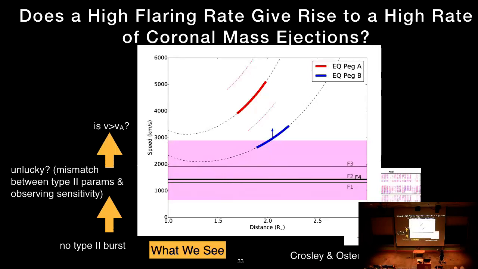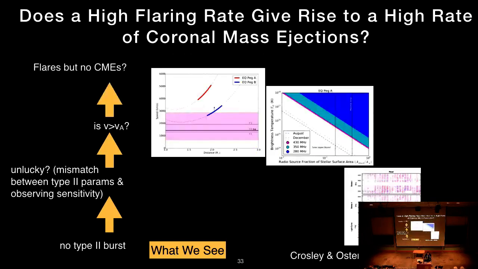These horizontal lines are the speed that we would infer using some of the scaling laws from the flares that we observed on this star. And then this shaded area is that factor of 2 padding that we gave ourselves from the solar flare study. And these are for the stars that we observed, using the frequencies that we observed. So this suggests that the Alfvén speed might be larger than the speeds that we would infer. So maybe these CMEs are just not super Alfvénic.